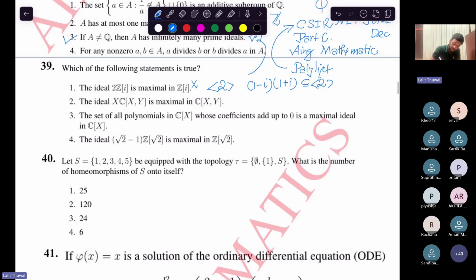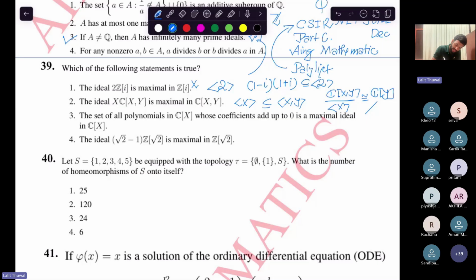The ideal generated by x is contained in the ideal generated by x and y, so it cannot be maximal. Otherwise, if you quotient by the ideal generated by x, you are killing x, so you get C[y]. This is not a field, but an integral domain. So this is a prime ideal, but not maximal.